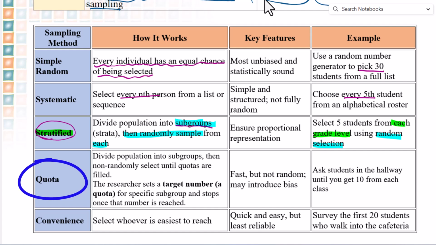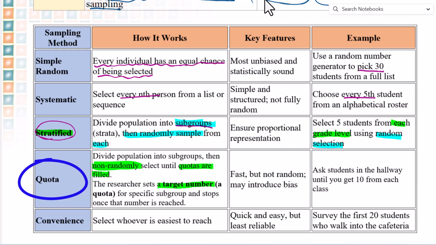Quota. Divide the population into subgroups. This is like stratified. Then non-randomly select until quotas are filled, which means the researcher sets a target number called a quota for a specific subgroup.